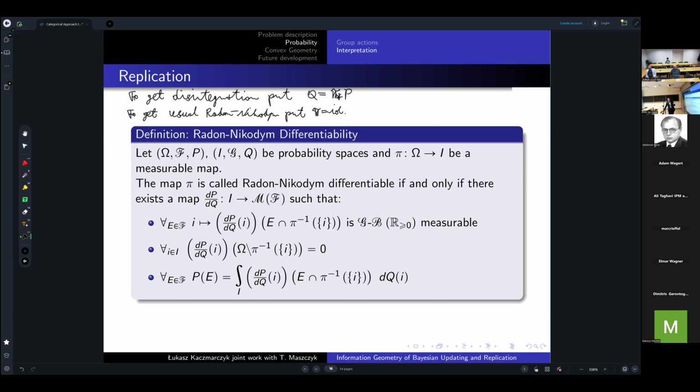So first of all, if you want to ask about the rules governing it, take into consideration what rules apply to measure disintegration, and then overlap it with simply exchanging the one measure in here, which happens by the usual Radon-Nikodym differentiability.